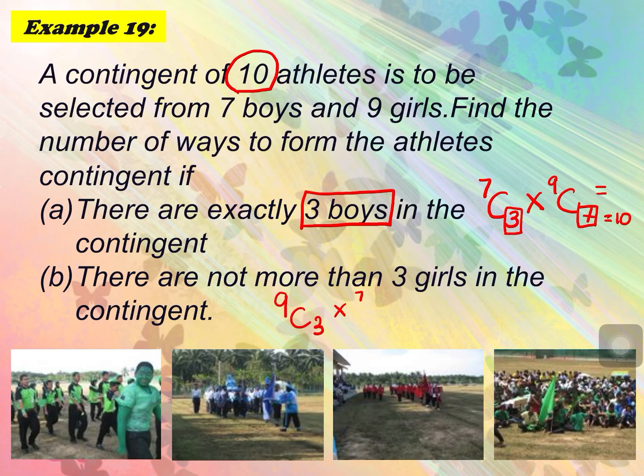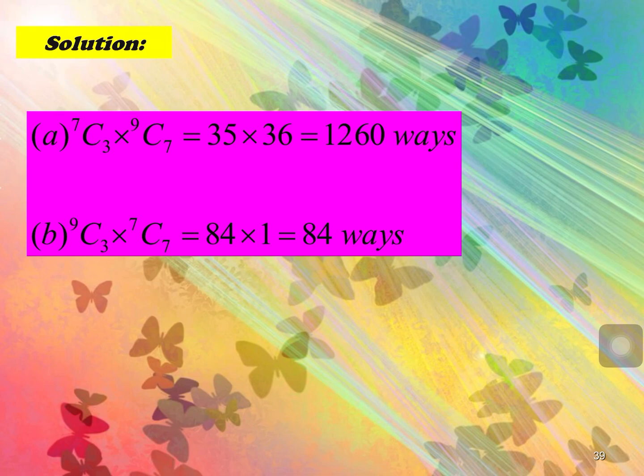Not more than 3. Okay, let's look at the solution. Yeah, 9C3, not more than 3, times 7C7. So this one plus this one should be 10, not more than 3. So it must be only 3. Okay. So you should get 84 ways.